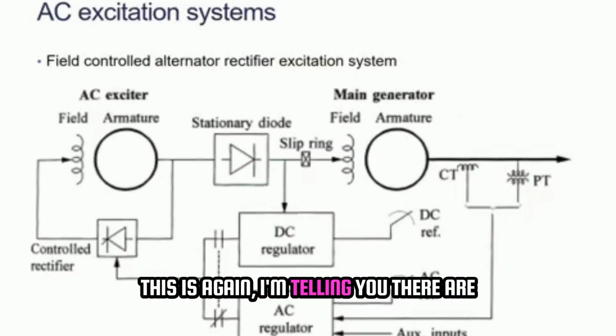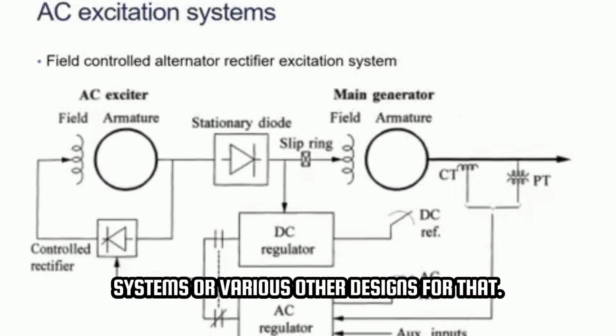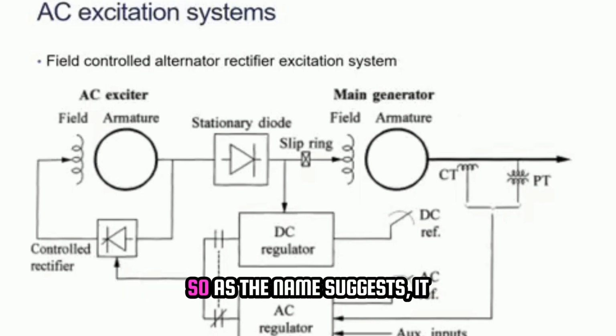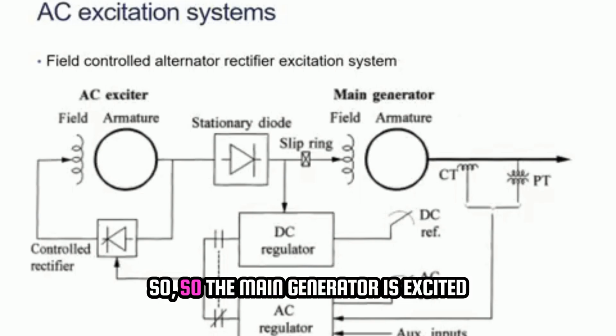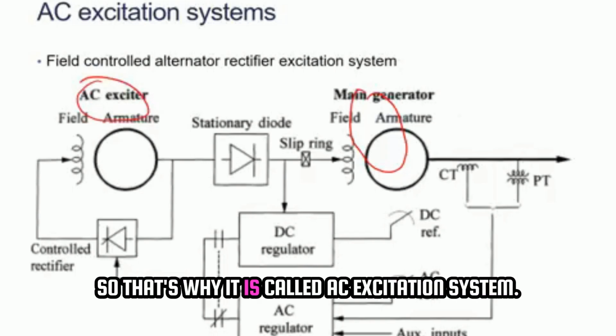Again, I'm telling you, there are various other methods or designs for AC excitation systems, but I'm just giving you one example. As the name suggests, it is an AC excitation system. So the main generator is excited by an AC generator, not by a DC generator. That's why it is called an AC excitation system.